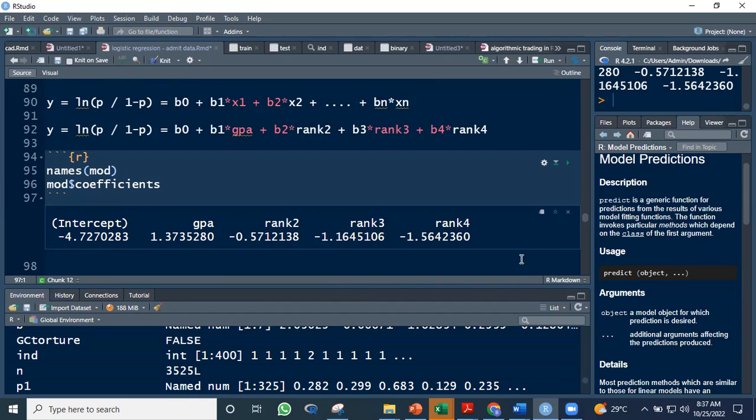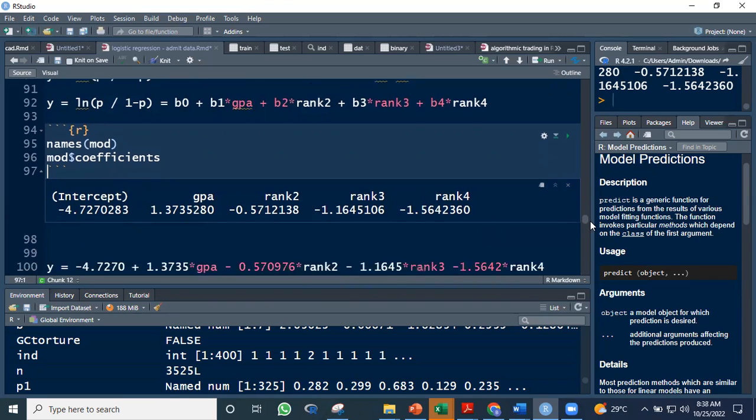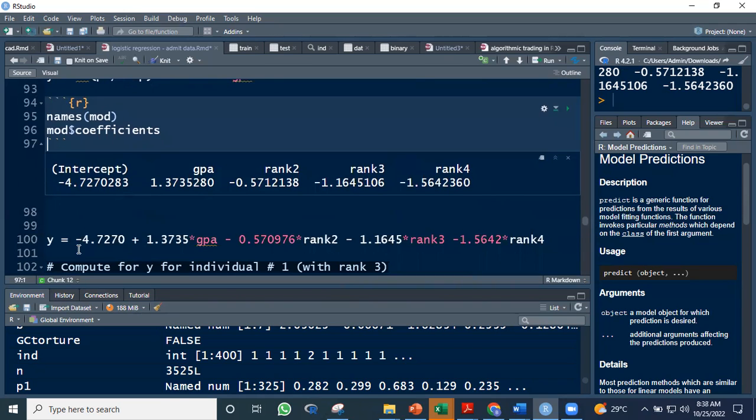Rank 2, 3, 4, remember, these were dummified variables. So how do we now write our model? Y, remember, Y is the log odds ratio. Y, our log odds, is equal to the intercept plus 1.375 times GPA minus 0.57 times rank 2 minus 1.1645 times rank 3 minus 1.5642 times rank 4. That is our equation, with the values of our parameters.